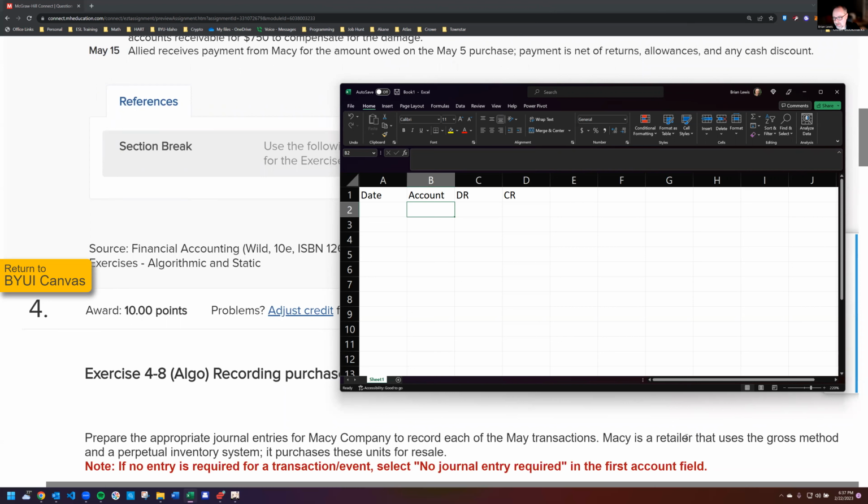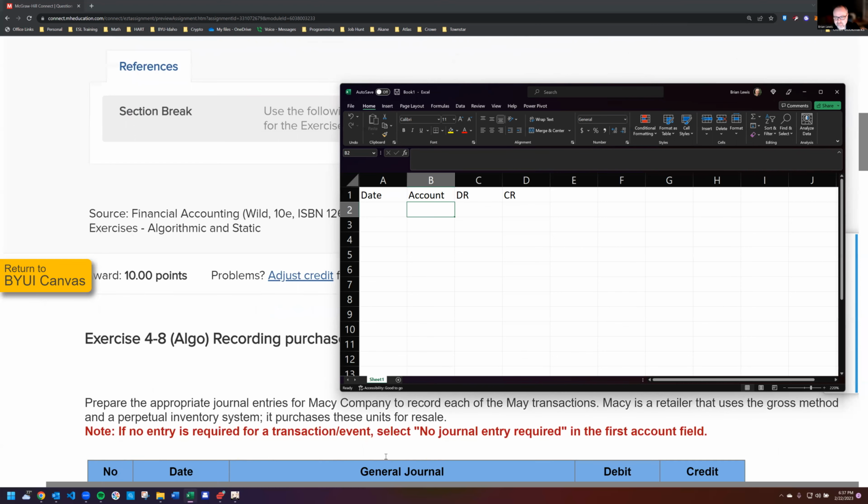Macy is a retailer that uses the gross method and perpetual inventory system. Okay, that may or may not be helpful right now, but we'll see as we go through each of these transactions. It purchases these units for resale. Okay, so they buy it at one cost and they mark it up and sell it at another.